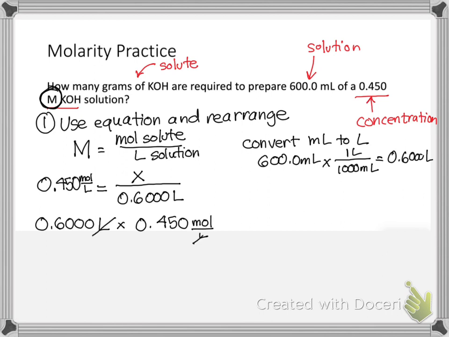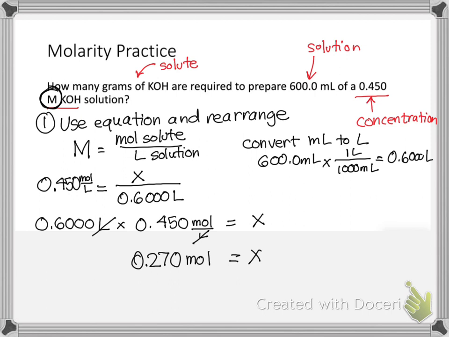The liters cancel. And that's going to give me X in moles. So 0.450 times 0.6. And I get 0.27. If I'm keeping sig figs, I need at least 3, and it's moles.